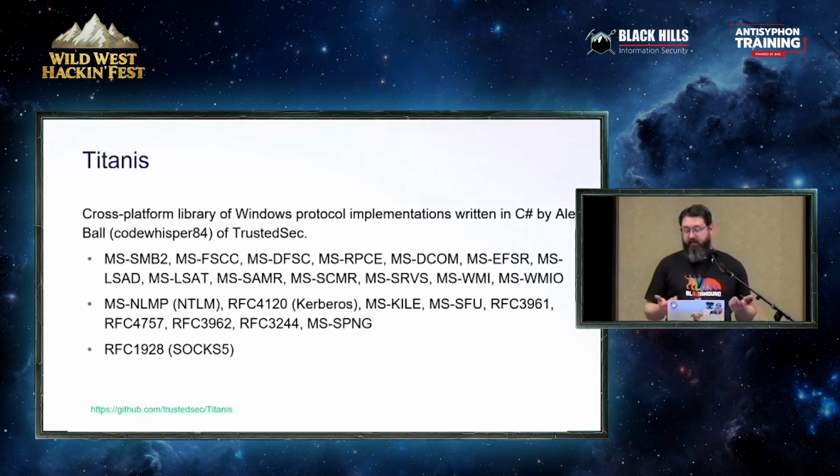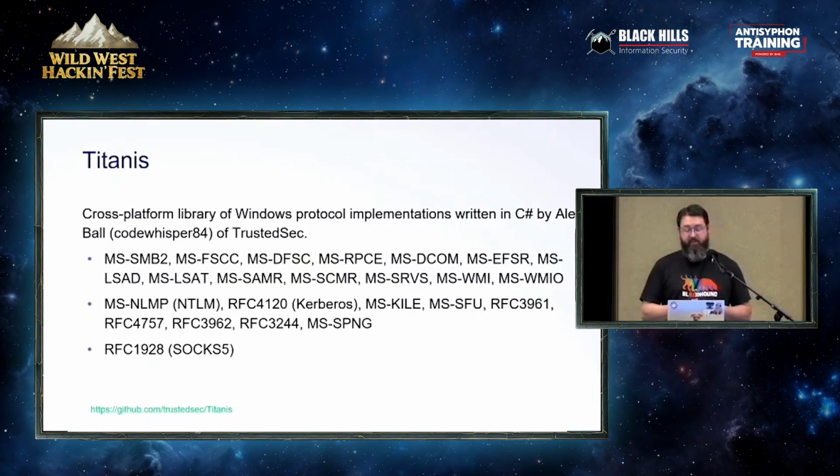So Titanis is a cross-platform library that implements Microsoft Windows protocol support based on code generated from Microsoft's own protocol specifications. This enables support for SMB, RPC, DCOM, LSA, SAM, services, and WMI in ways that most closely mimic Microsoft's intended uses of the protocols.